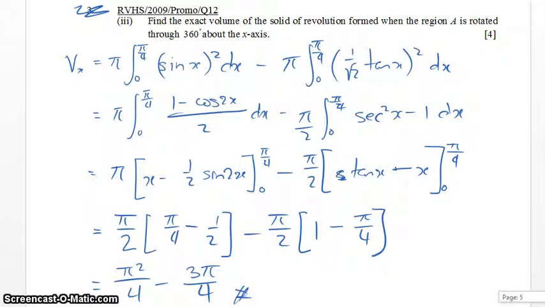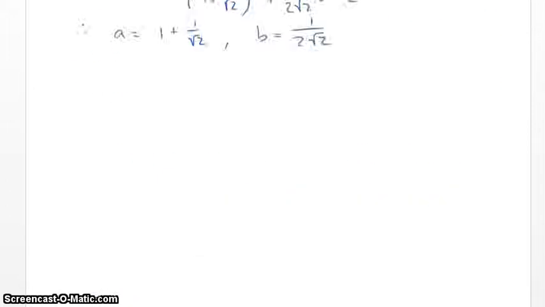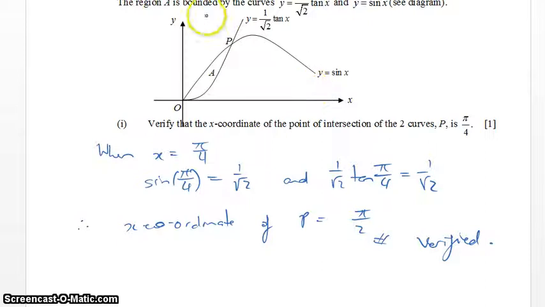Okay, very last question. We need to find it about the y-axis, but pay attention that they only want us to give it to 4 decimal places, and we've changed the axis. So 4dp means that we can use our GCs to help us out, so it's just a matter of rewriting the equations. If you noticed back in the original graph, we found that the x coordinate is definitely pi upon 4 and the y coordinate was 1 over root 2.